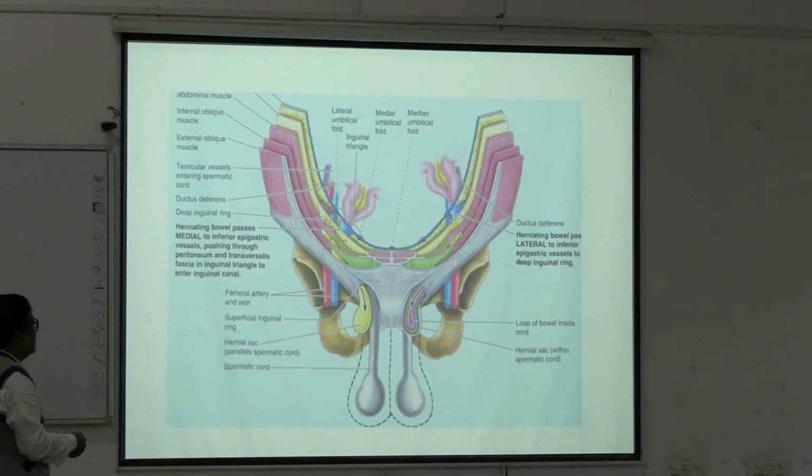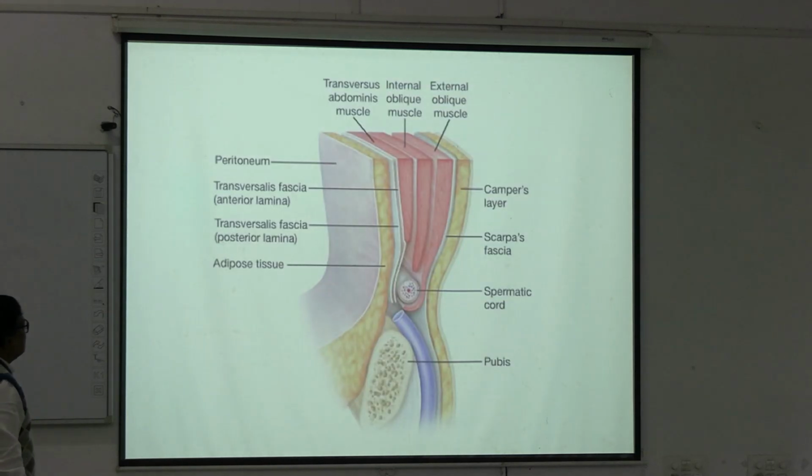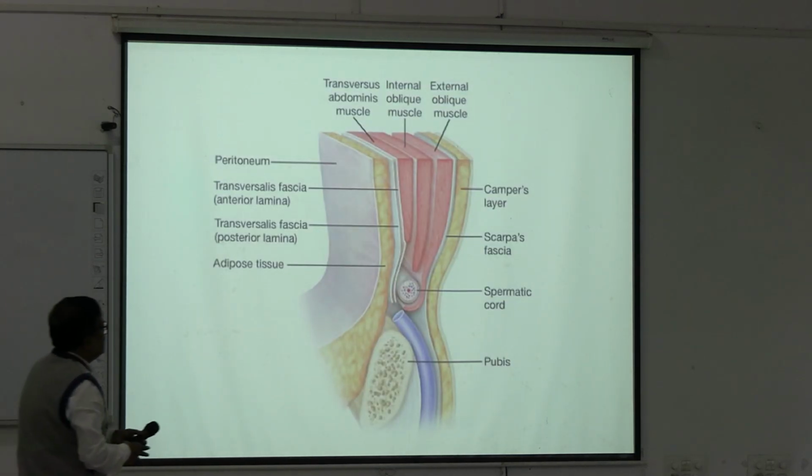Right? This is the deep fascia, fundiform ligament, and this is the scrotum. So these are the layers, 6 layers.